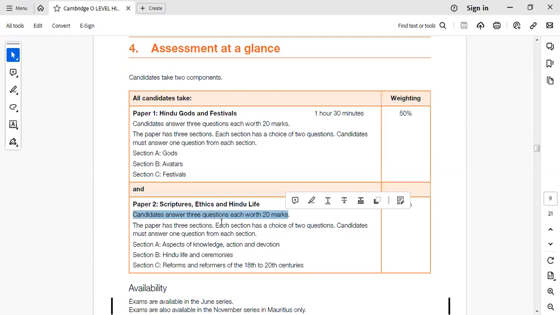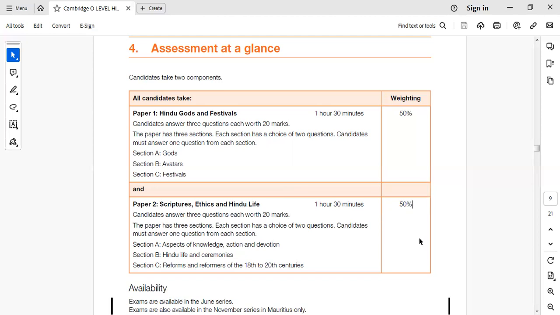Each question is worth 20 marks, which eventually will bring a total of 60 marks. 3 questions, 20 times 3, you get 60 marks, and then it will be brought to 50%.